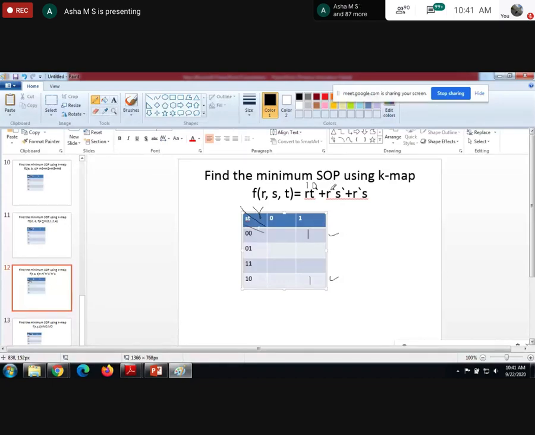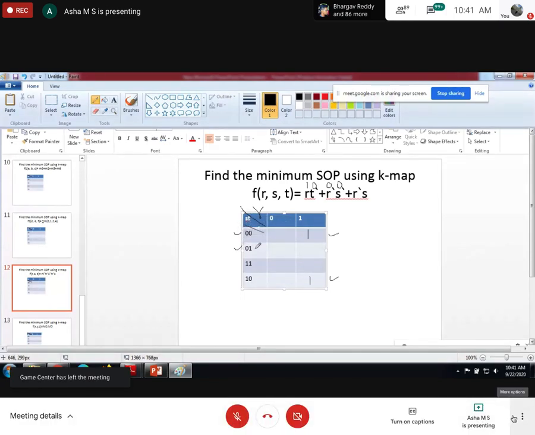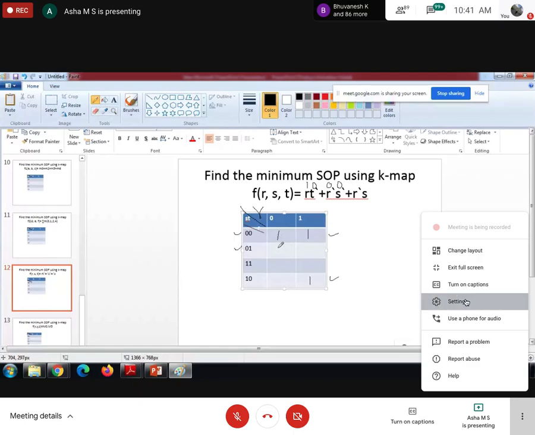Here, what is the value of R bar? 0. Here, what is the value of this S? 0. Where do you have R equal to 0? In this column. Where do you have S equal to 0? Here and here. With any value of T in these two cells, place 1.